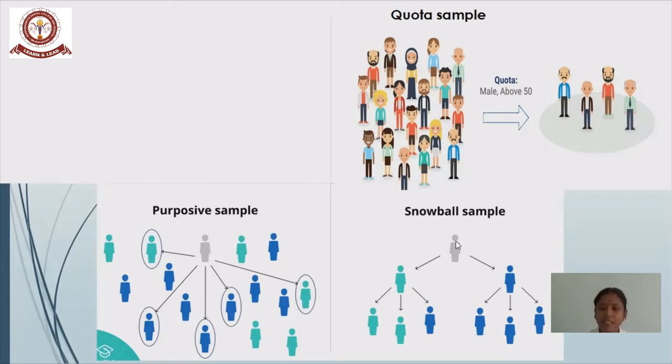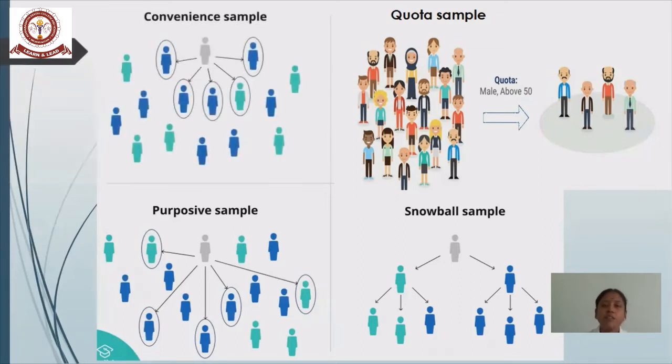We select the person whom we want to study and we identify 2 other persons from the initial or first sample, and these people will again identify other people. As the snowball increases, the sample size also increases, and it is one of the non-probability types of sample. The final one is the convenience sample, which we select according to our convenience. Maybe the volunteers will be selected in a convenience sample.